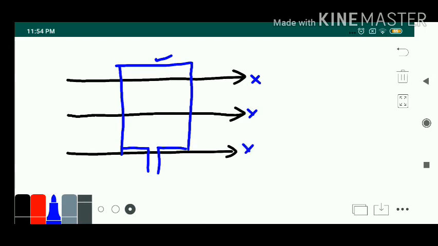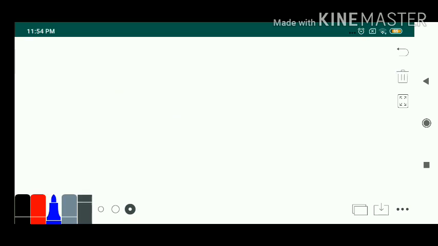Very easy to understand, so the flux is zero, because no field lines are passing through this plane or through this coil.